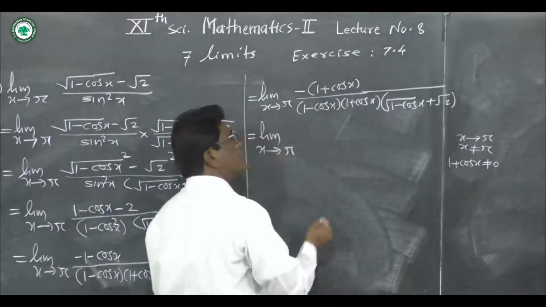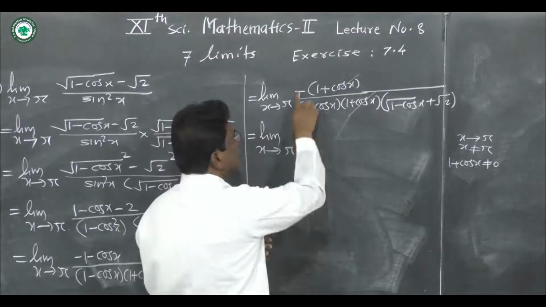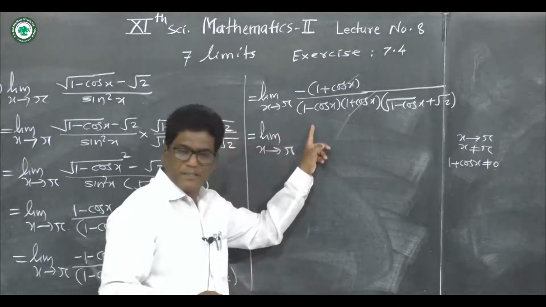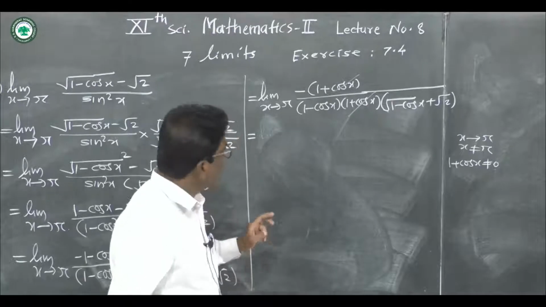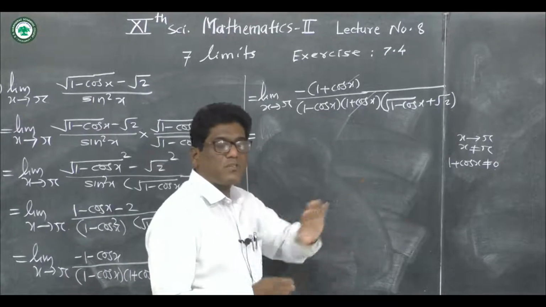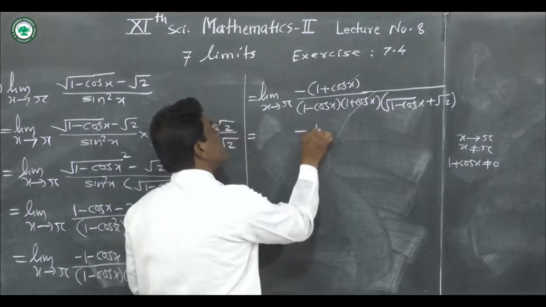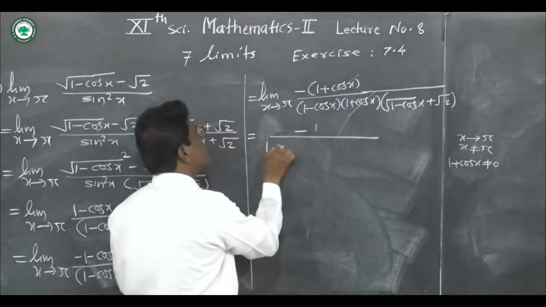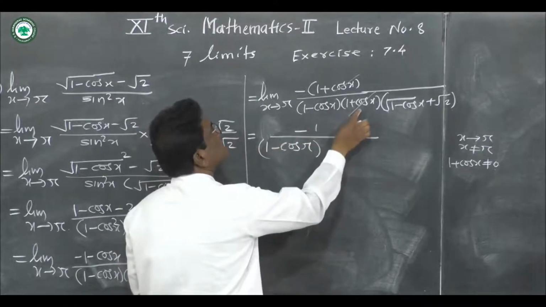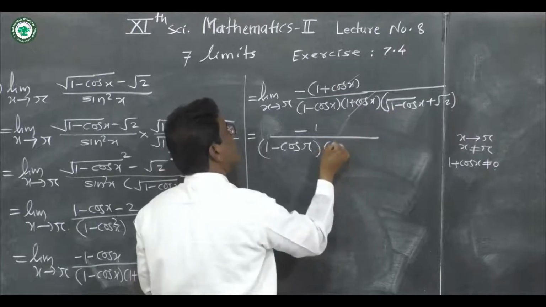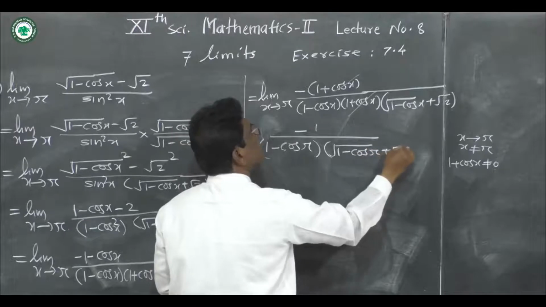Now we put x as pi directly in the remaining expression, because when we put x as pi the denominator is not 0. So minus 1 divided by 1 minus cos of pi, in round bracket under root of 1 minus cos of pi plus root 2.